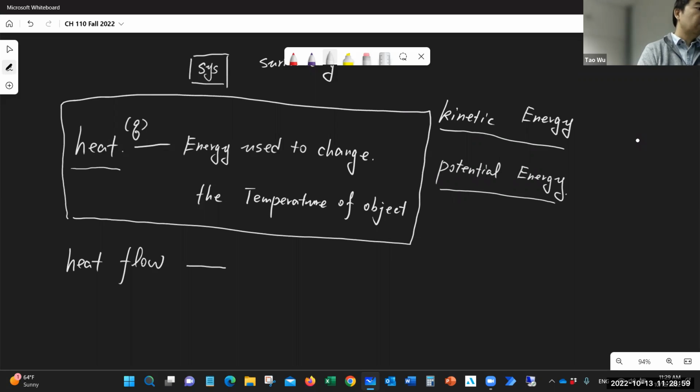The heat flow must always be from the warm object to the cold object.